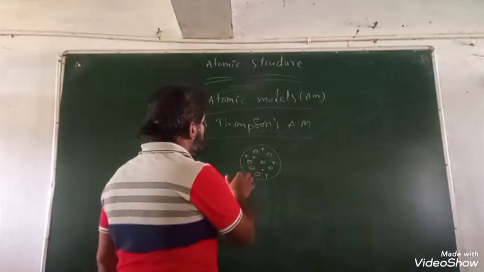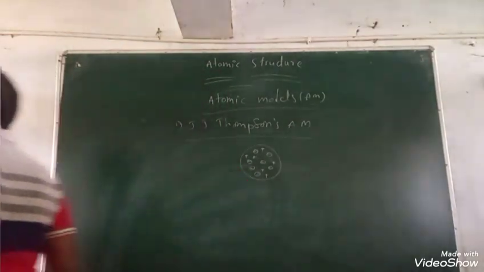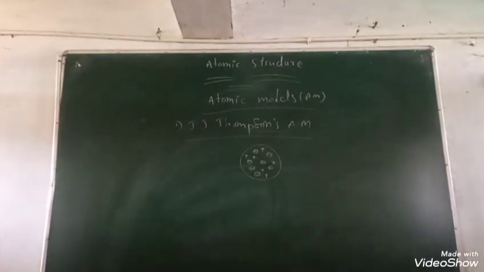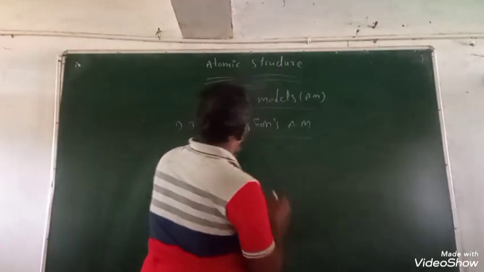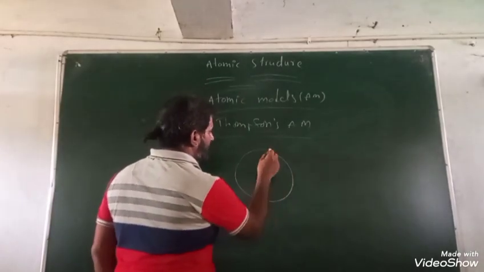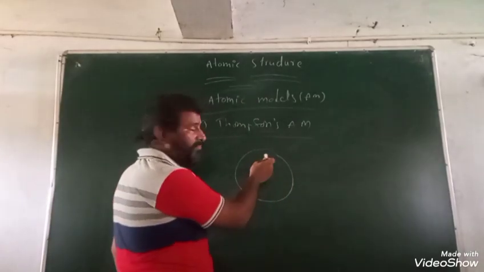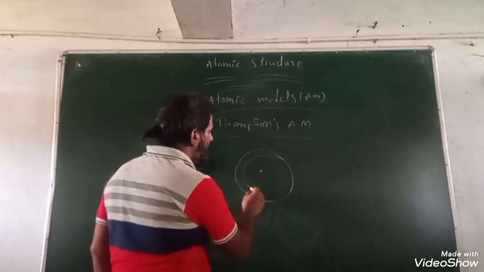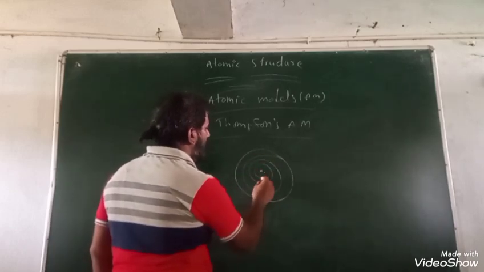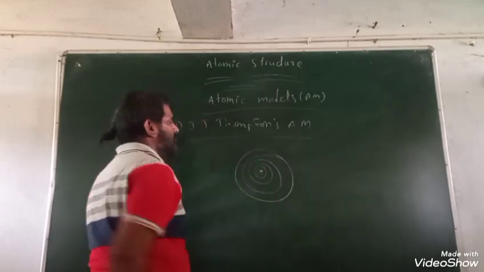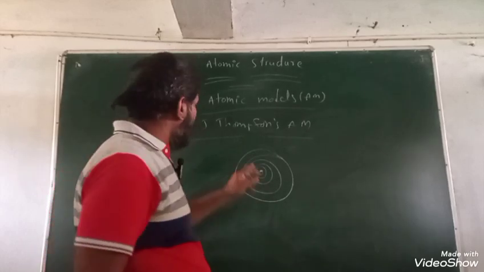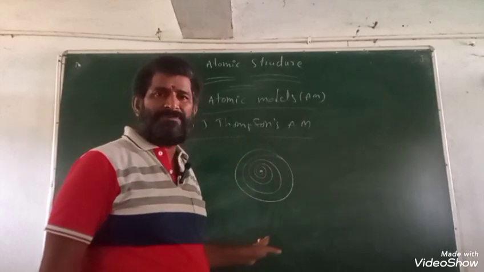In that way, if electrons are revolving in concentric circular orbits like this, they do not remain in the same orbit. So the orbit slowly changes, and ultimately the electron will merge with the opposite charge. That means the atom will collapse.